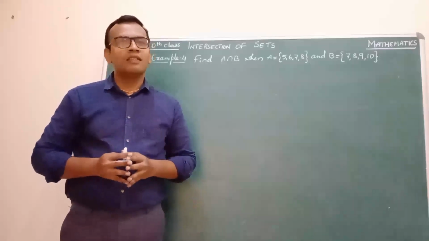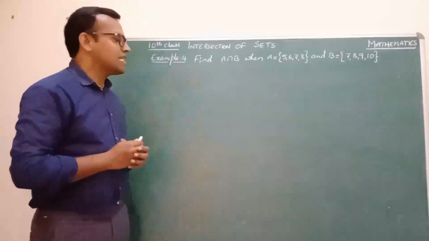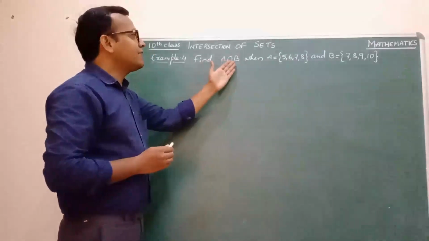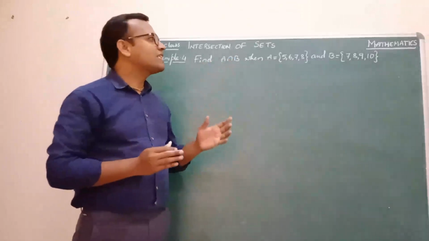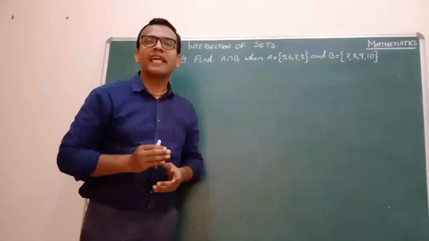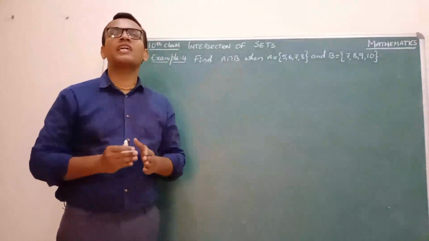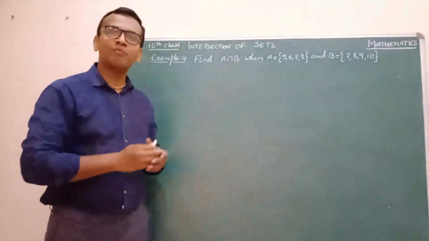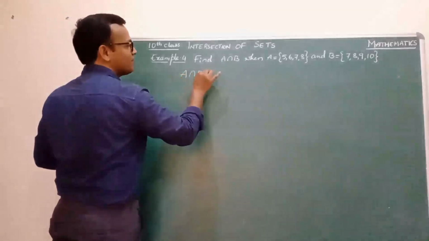Let us see a question on intersection of sets. Here is the question. Find A intersection B when A is equal to the set of 5, 6, 7 and 8 and B is equal to the set of 7, 8, 9 and 10. So there are two sets A and B. We need to find A intersection B. Let us find it now.